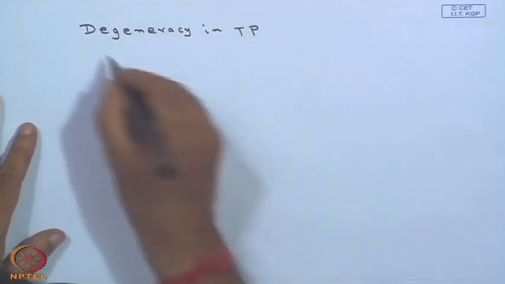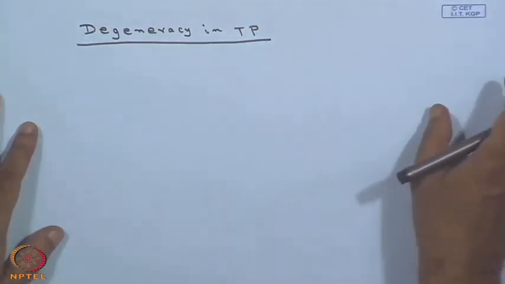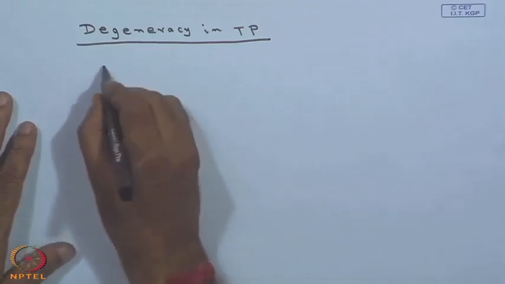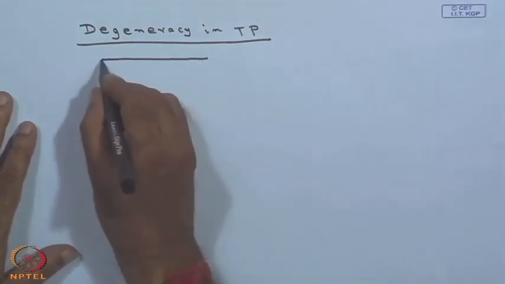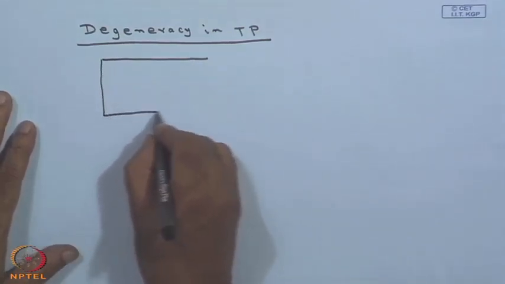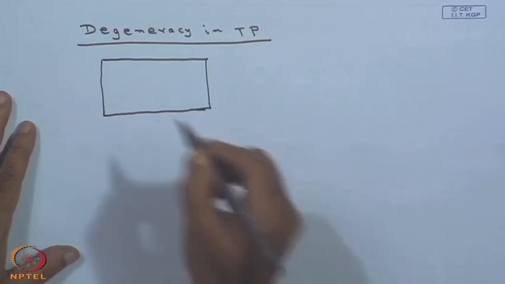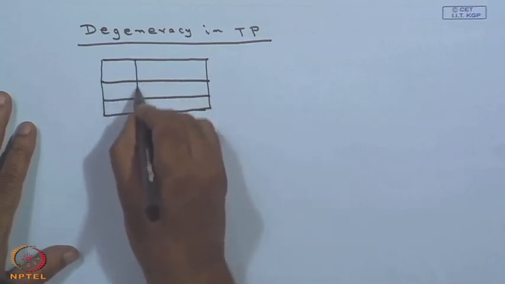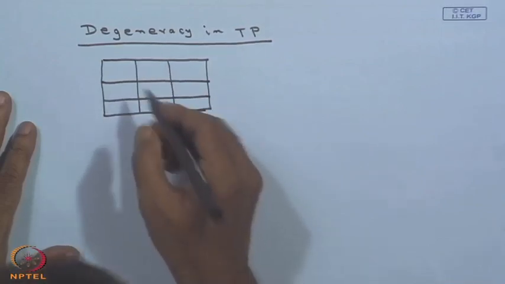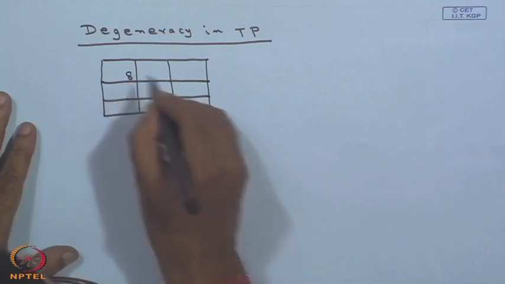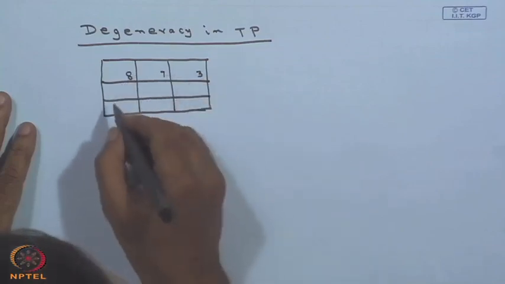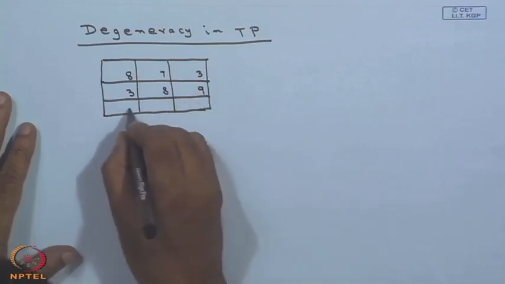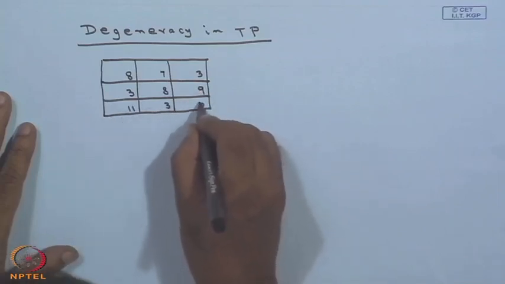Degeneracy in the transportation problem. Suppose you have a 3 cross 3 problem. You have 3 rows and 3 columns, with costs 8, 7 and 3, then 3, 8 and 9, then 11, 3 and 5.